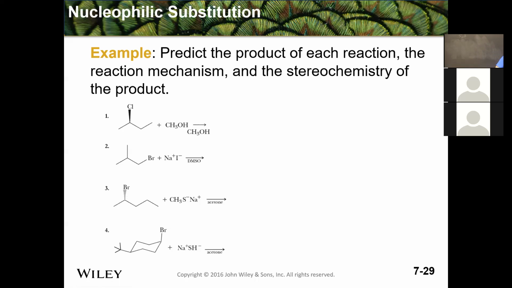Is that a primary, secondary, or tertiary substrate? It is a secondary, yes. Secondary could go either way. CH3S minus, good or poor nucleophile? What do you think? It has a negative charge, so that's a clue.